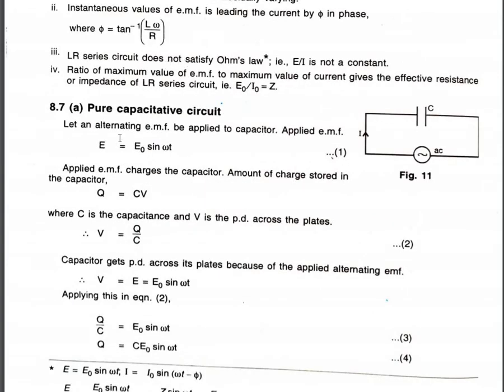Let us discuss about a pure capacitive circuit. So in a purely capacitive circuit, suppose E is equal to E0 sin omega t. We discussed in the last class that for analyzing a circuit containing a single component, it is easy to start with this voltage. So we take E as E0 sin omega t. Let us discuss about the working of a capacitor.